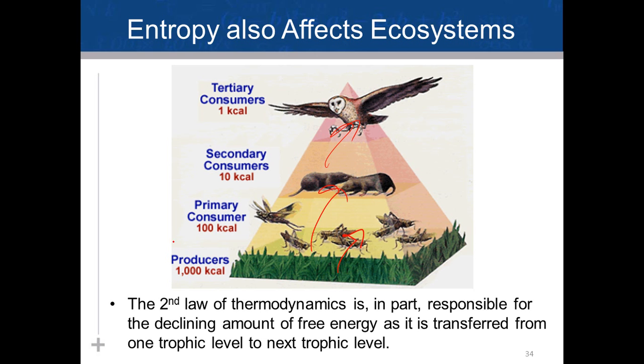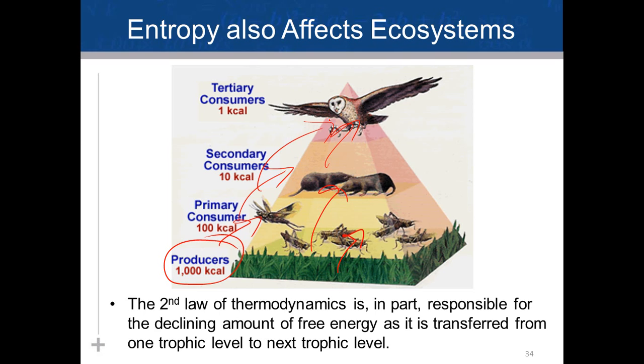So in this case here, if the producers contained 1,000 kilocalories, the amount of free energy that will move to the next level is only 10% of that, or 100 kilocalories. And the next level is 10% of that, or 10 kilocalories. And then to the next level, it's only 1 kilocalorie when you get up to the tertiary consumers. That kind of explains why there are so few tertiary consumers.